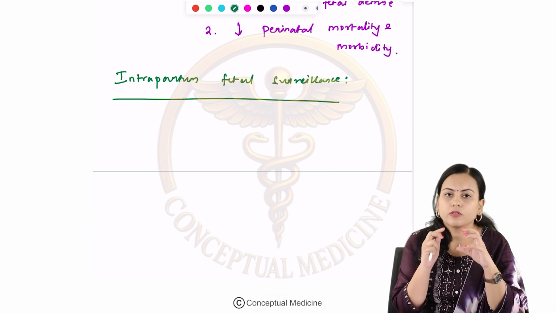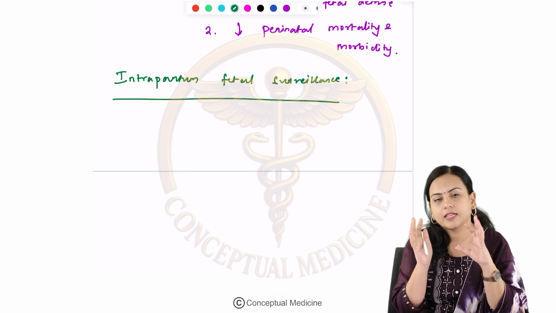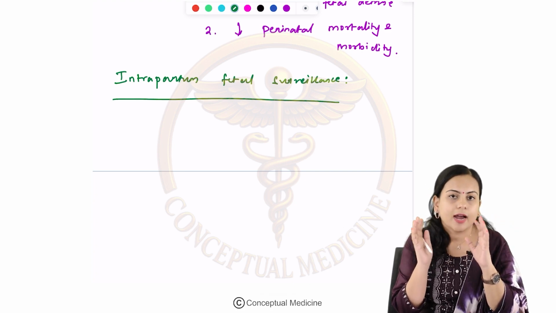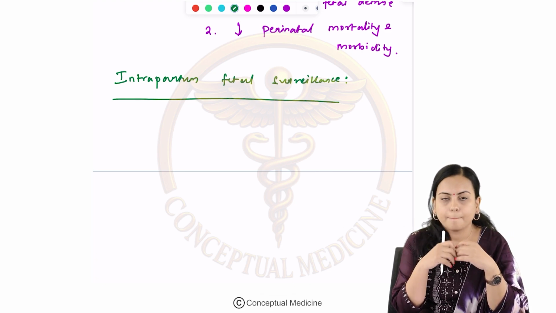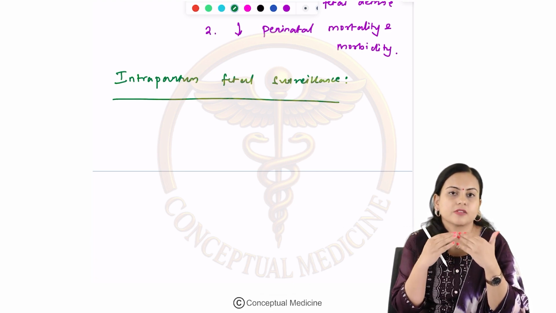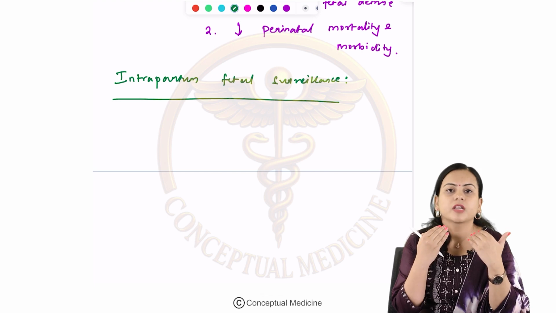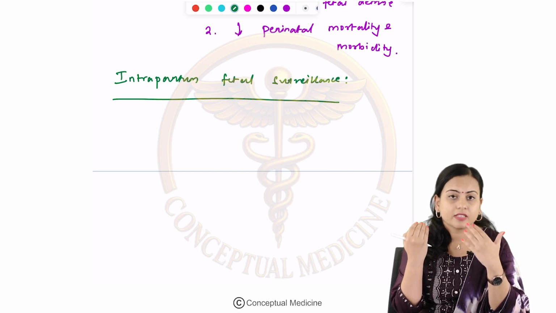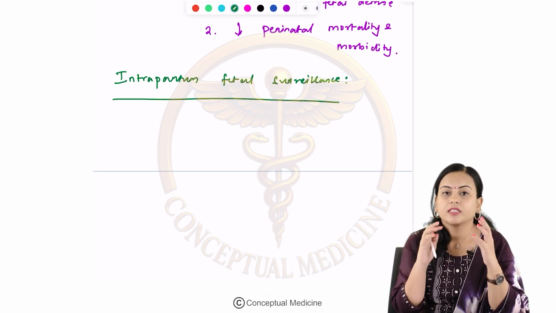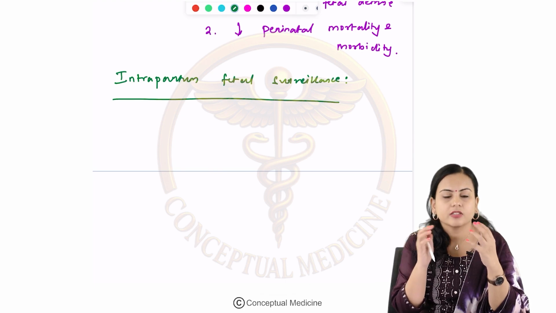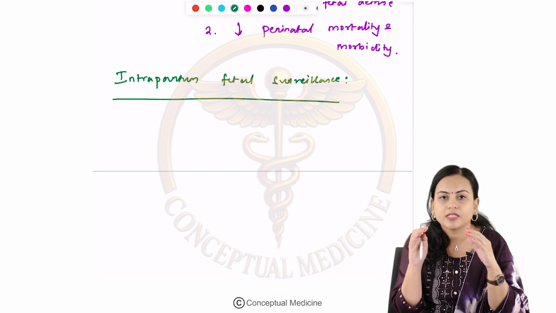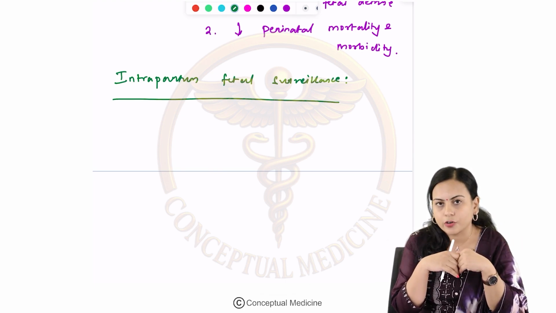A healthy fetus will overcome the stress and tolerate this state of hypoxia. But a compromised fetus, like one with fetal growth restriction, a preterm baby, or chronic uteroplacental insufficiency, will not be able to tolerate the stress for a longer time.